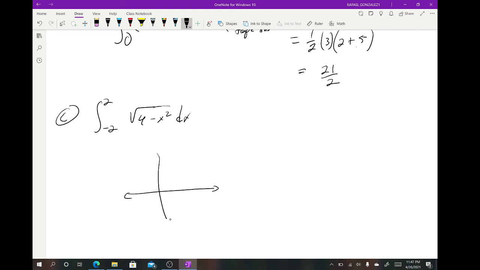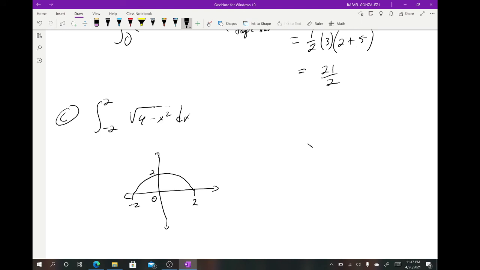Okay, this is the equation of a semicircle, center at the origin, that goes from 2 to -2, and it is the upper half, because it's positive, of this circle of radius 2.